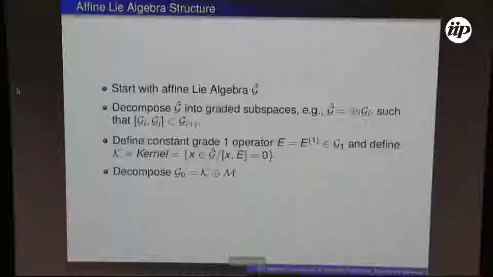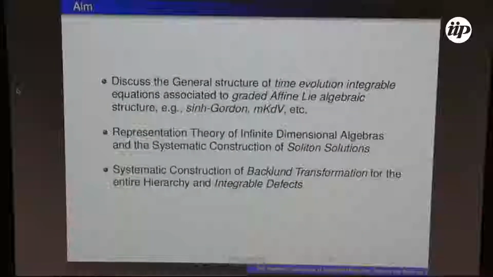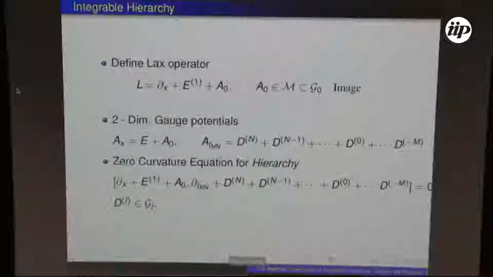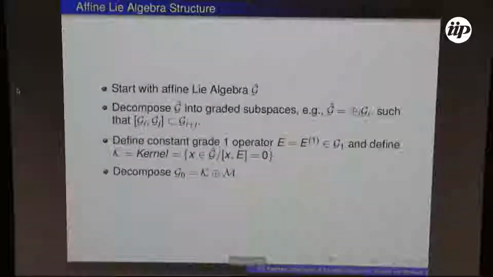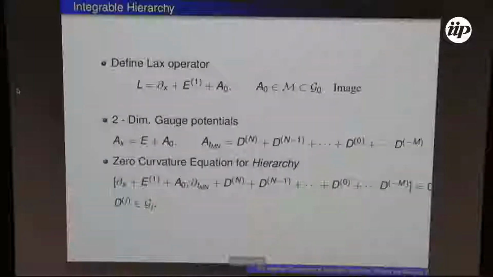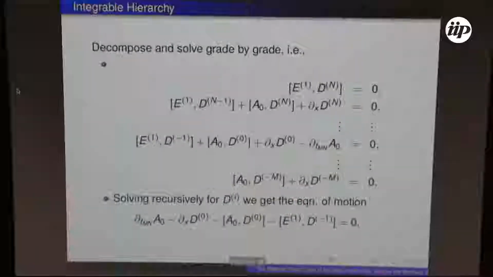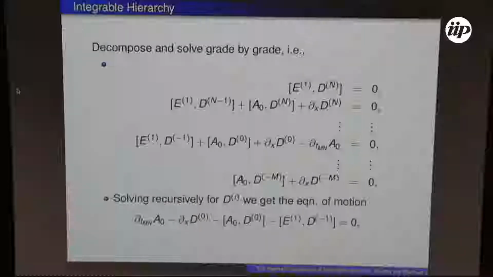Because of the graded structure which we have established at the beginning, you can decompose the zero curvature condition into a series of graded equations.